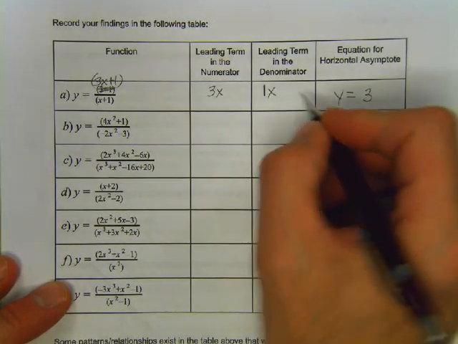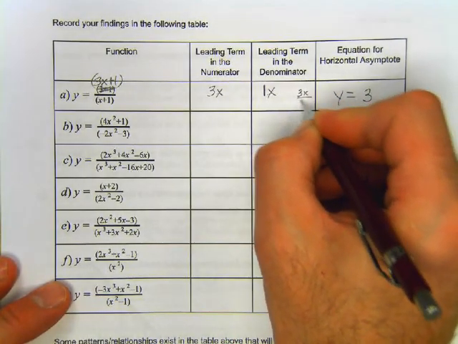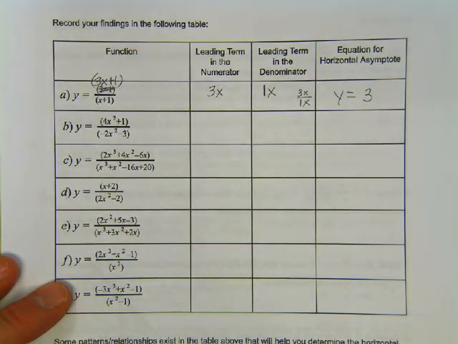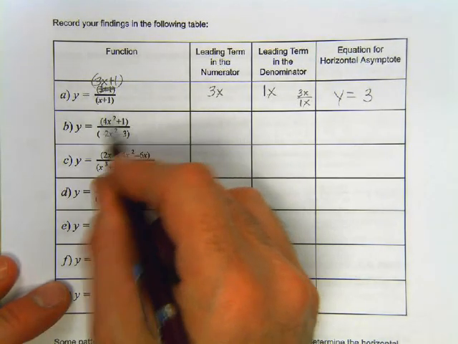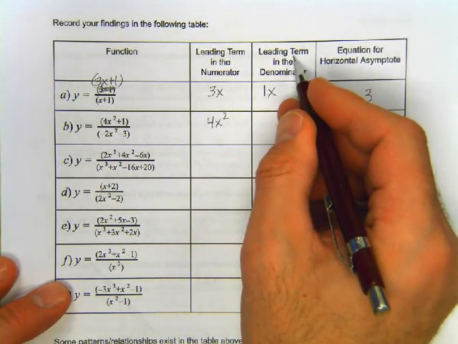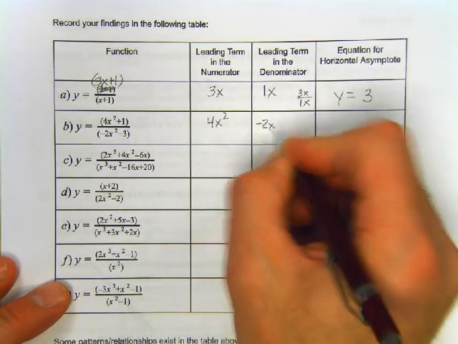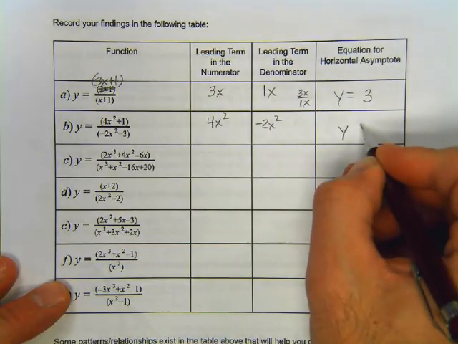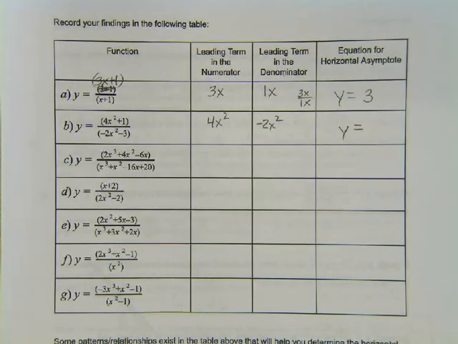3. Okay, for function b, the leading term is 4x squared, and the leading term in the denominator is negative 2x squared. What was the equation for the horizontal asymptote for the second one? That was the mustache one.